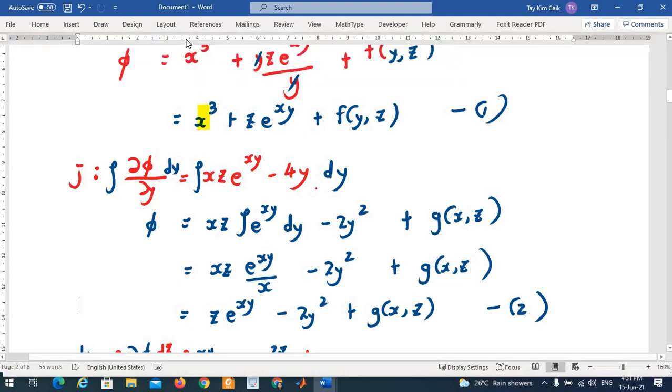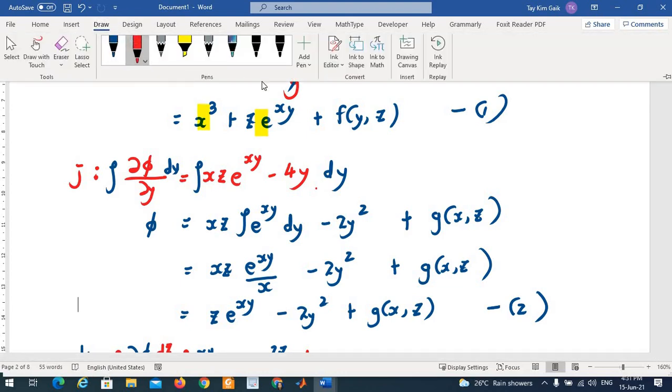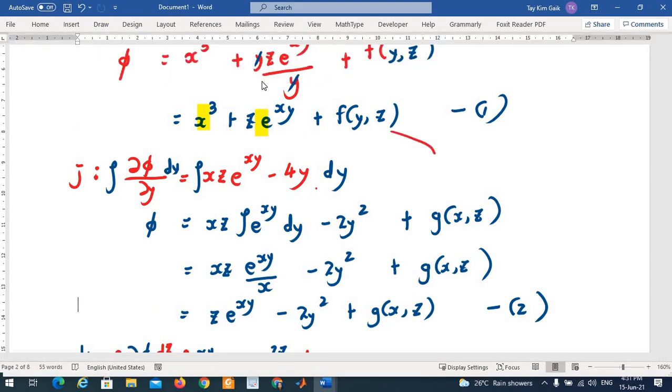Then you take out the function term and go to equation 2.